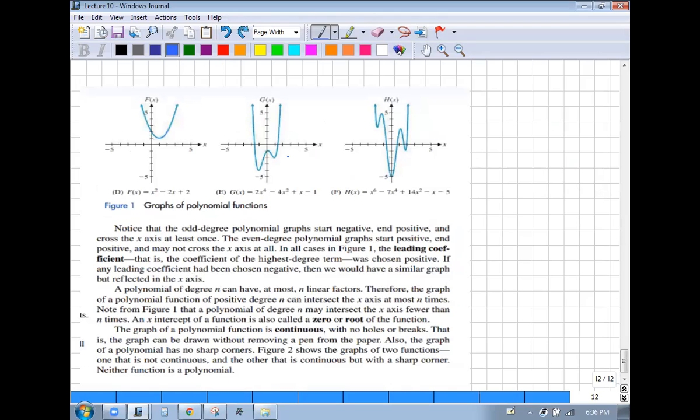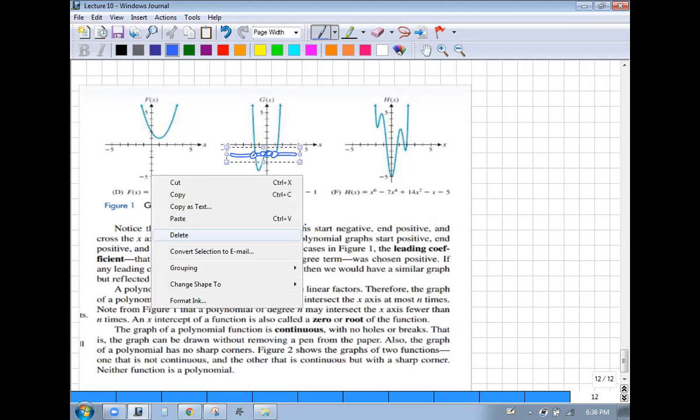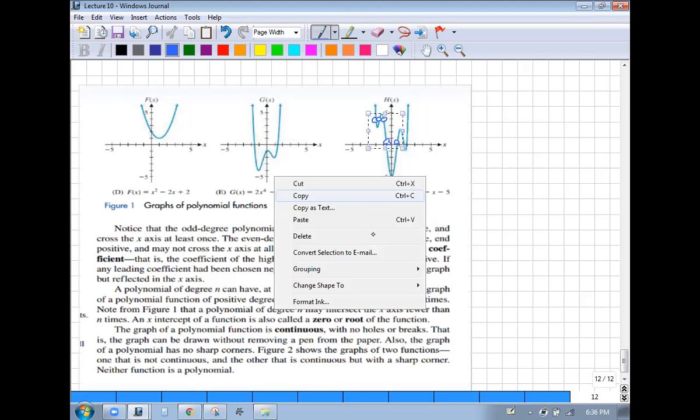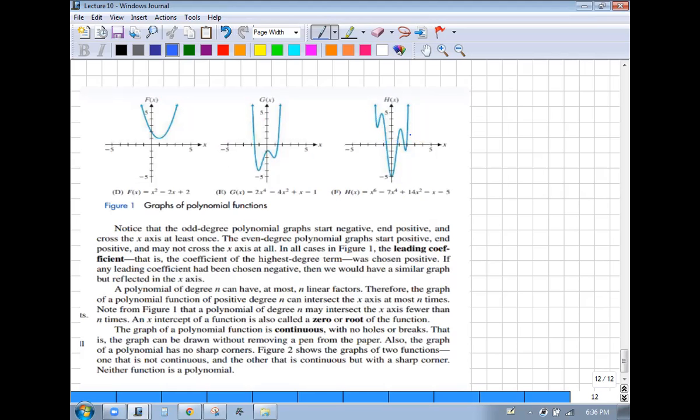All right, this one's a quadratic, so obviously it looks like that, right? This one has x to the fourth. Well, it's got 1, 2, 3, 4 wiggles. This one's an x to the sixth, right? I can't just draw a line here to hit it 6 times, but you can see I got 1, 2, 3, 4, 5. No, it's got too many wiggles here. 1, 2, 3, 4, 5, 6, 7.